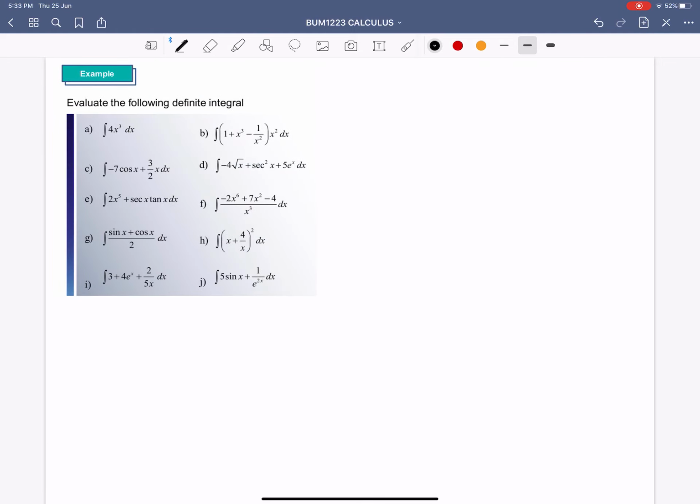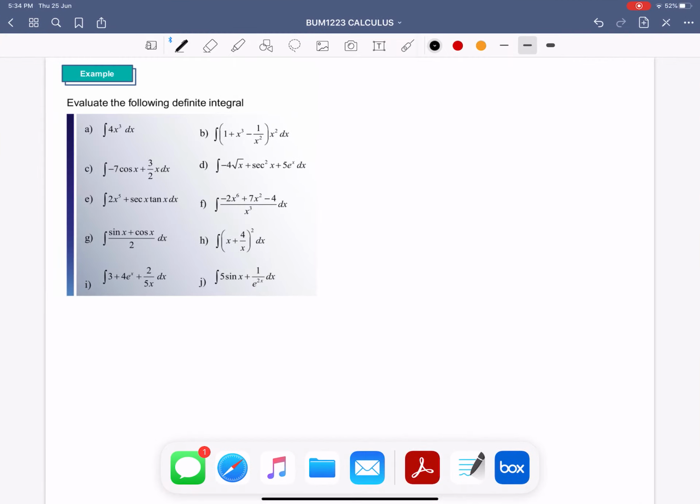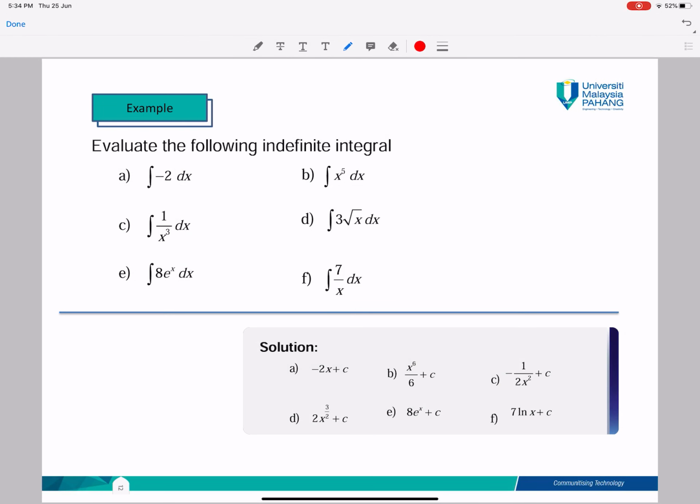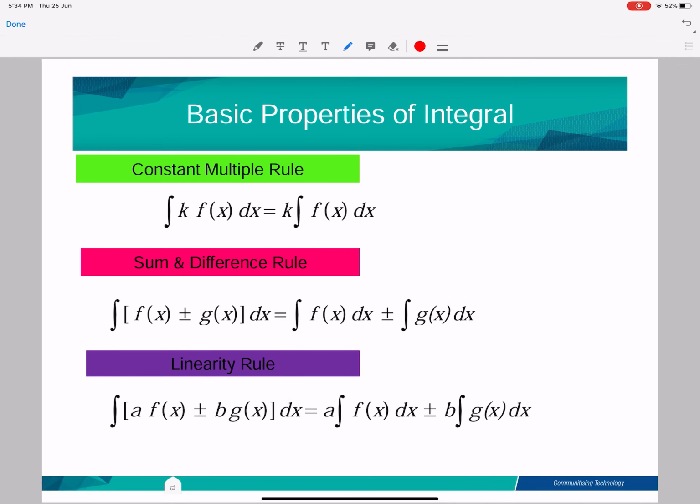Next, now we want to look at more challenging questions. But before that, let us go back to the lecture slide. These are the basic properties of integration. Whenever you have the integration of k times f(x) dx, it is equal to k times the integration of f(x) dx.